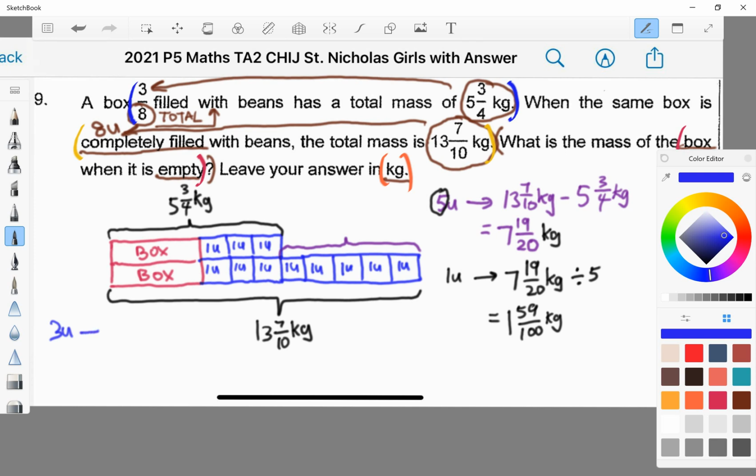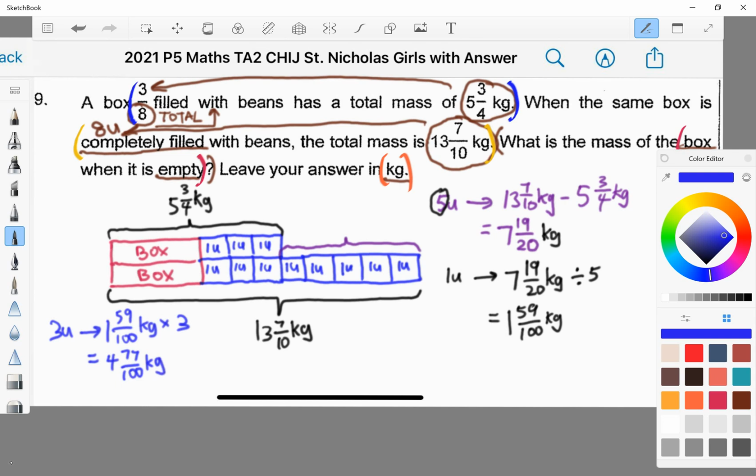So what is 3 units? 1 unit is 1 whole 59 out of 100 kilograms. So 3 units will be 1 whole 59 out of 100 kilograms multiplied by 3. And our answer will be 4 whole 77 out of 100 kilograms.